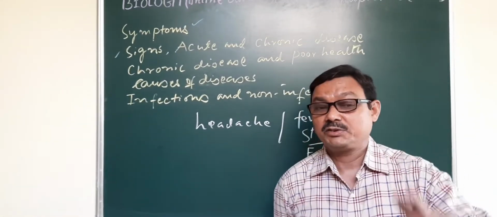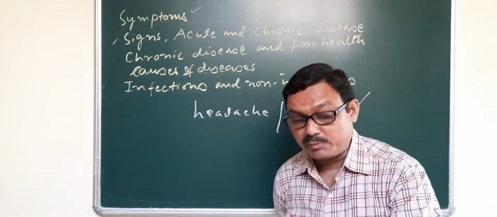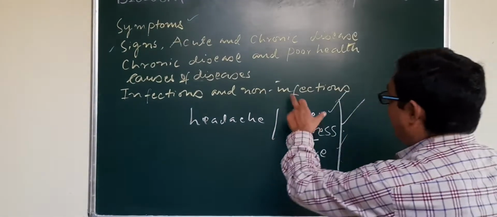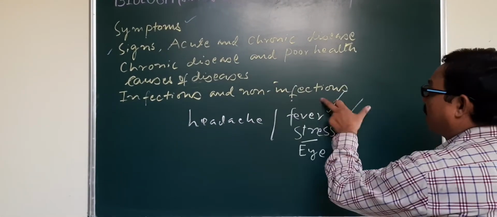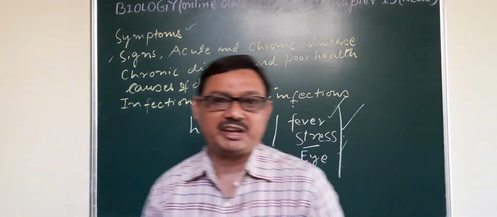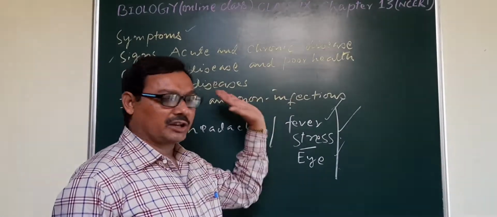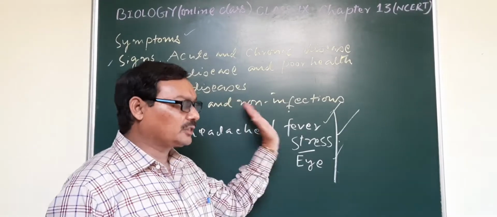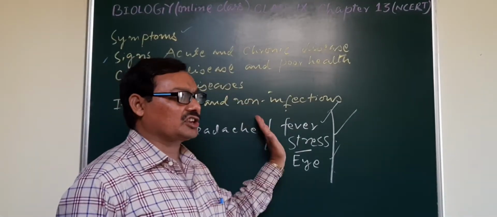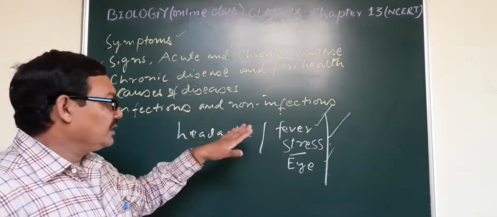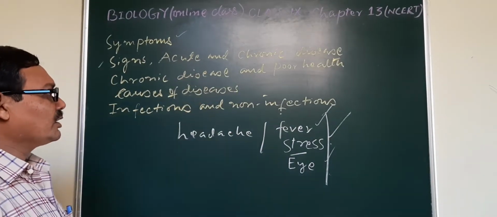That is the infectious, which may communicate from one person to another. Other diseases are non-infectious, which are not caused by any biological factor, any microorganism, microbes or pathogens, and they cannot transmit from person to person. They are not communicable. So we will discuss all these one by one.